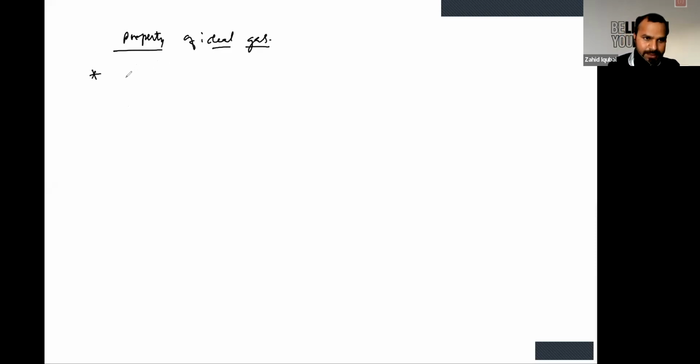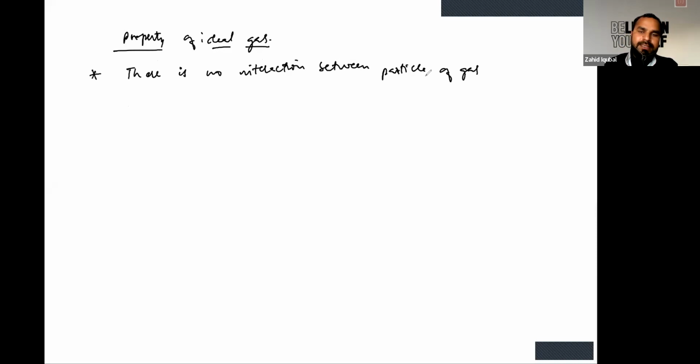So the first property is: there is no interaction between particles of gas. Next is, the velocity of particles along each different coordinate axis will be the same.